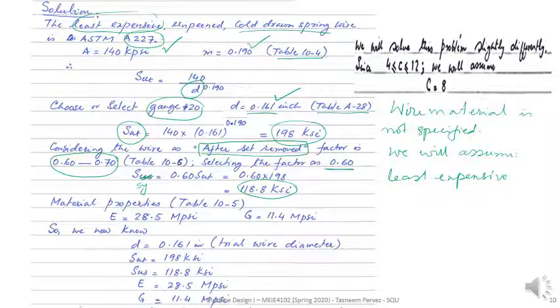And again I go back to the table 10.5 and I found what is E and what is G. So what is known now? Diameter of the wire, ultimate tensile strength, and this is not correct, this is the yield strength in shear, E and G.